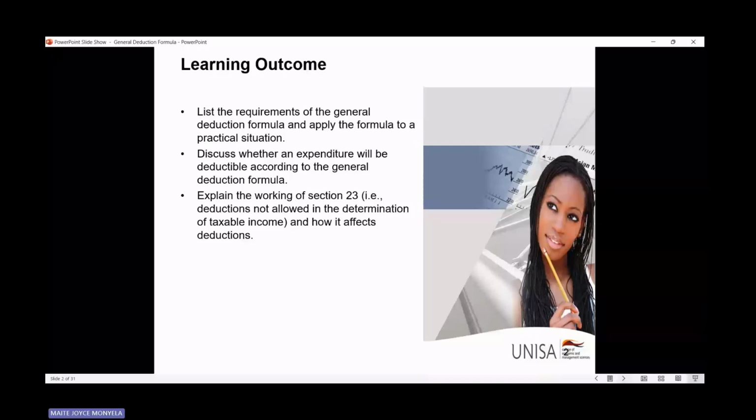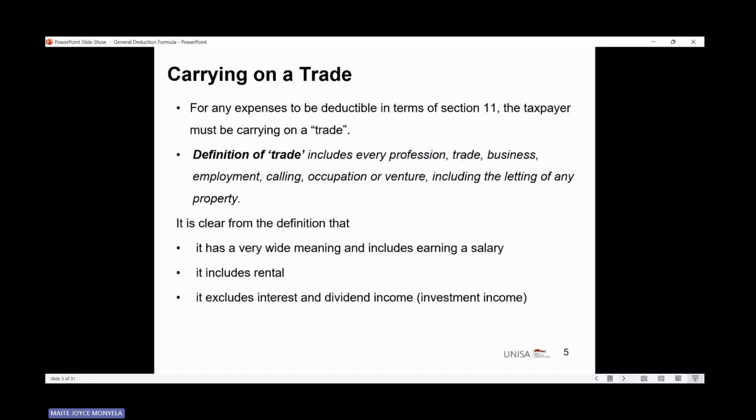The trade definition includes every profession, trade, business, employment, and occupation. So under the trade, under that question we were doing, it goes to the business.